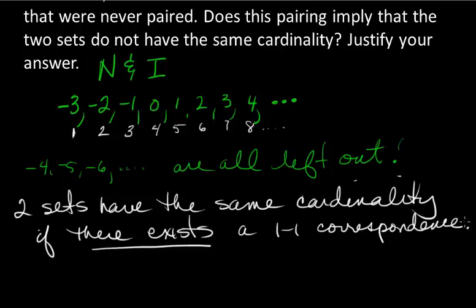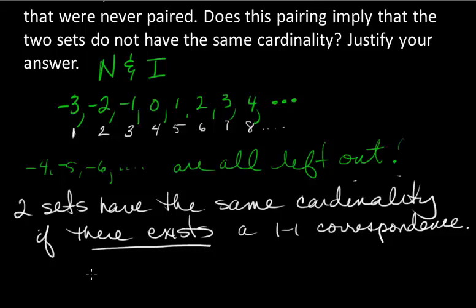Just because there are many, many correspondences that are not one-to-one, it means nothing. What we're concerned about is, does there exist a correspondence that works? And we know in the case of the integers that there certainly does.